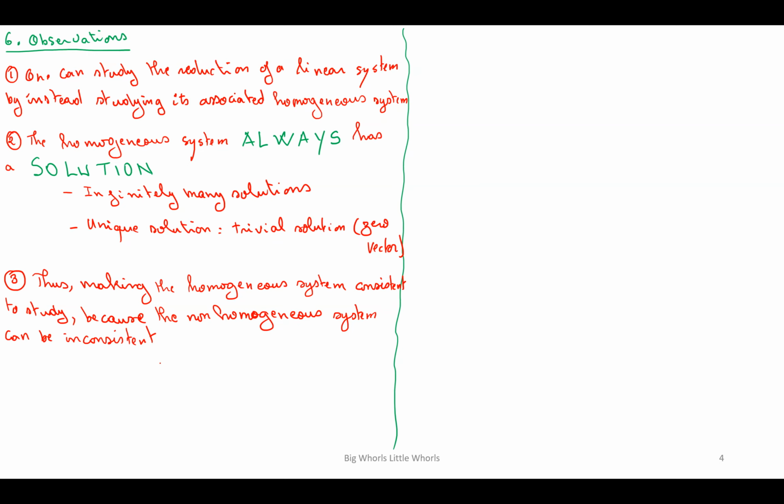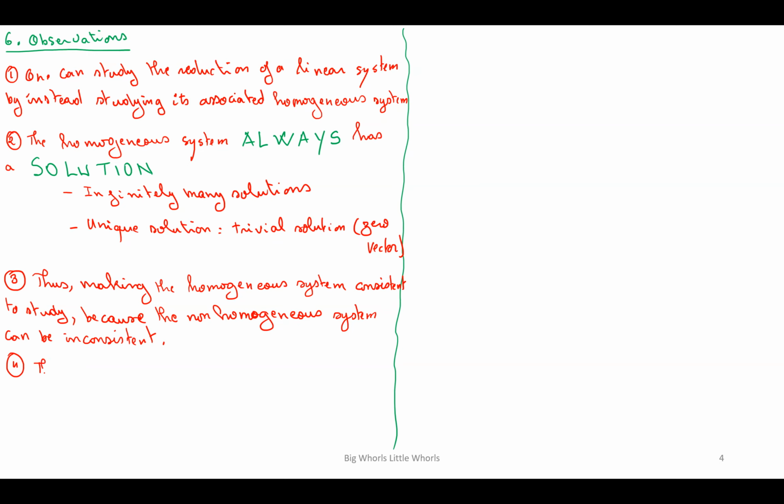Okay, so, based on the above three observations, that basically means that the homogeneous system has a great advantage over the non-homogeneous system. And you will see from now on, a great part of linear algebra is based on homogeneous systems. Okay, so from now on, we will be focusing on homogeneous systems.